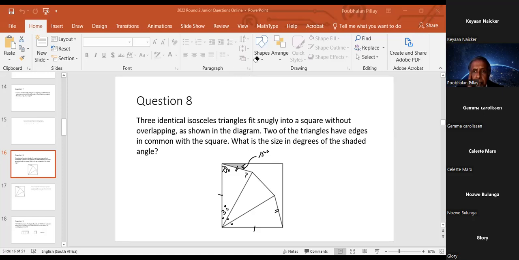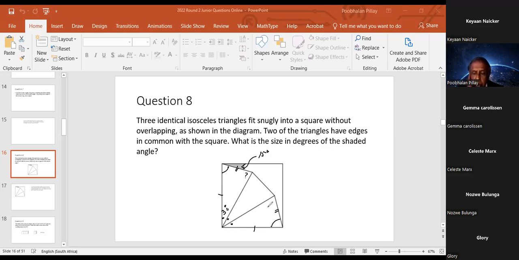It's not given. So if you really want to know, then you can say, well, these are identical. So therefore, these angles will be the same. This angle here, they're congruent, you see. Right.